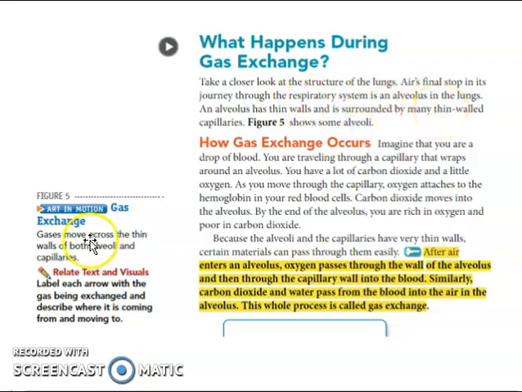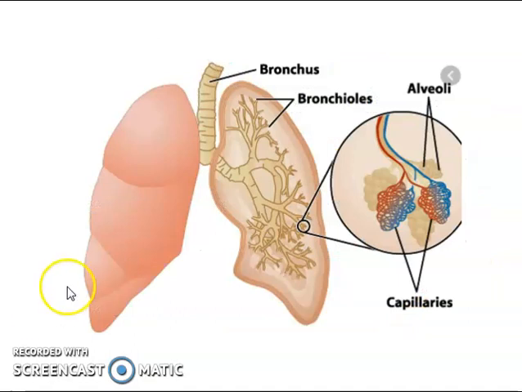So remember that the last journey or the last travel space of gases is happening in our alveolus or alveoli. That is the last step of the air's gas exchange journey.